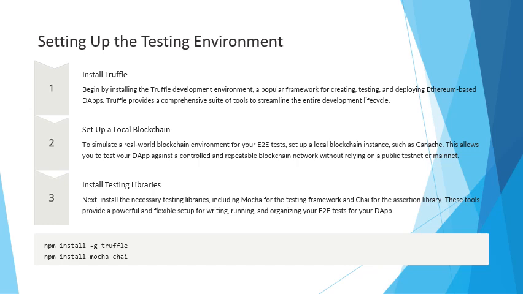Then we shall install the testing libraries, including Mocha and Chai for the assertion library. These tools provide a powerful and flexible setup for writing, running, and organizing our E2E tests. Given below are the commands for you to install Truffle and the libraries.